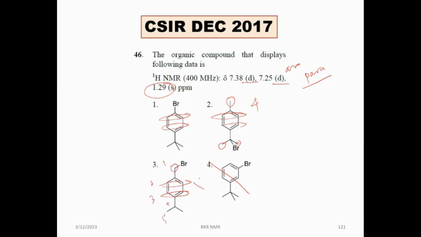So this is also not the answer. This is also wrong. This will give one signal, this will give a second signal, and all these protons will give one signal. So totally you have 3 signals. That is possible only for option 1.